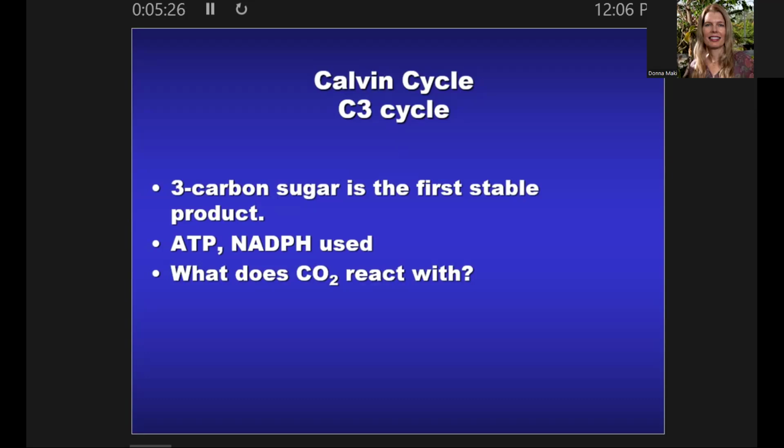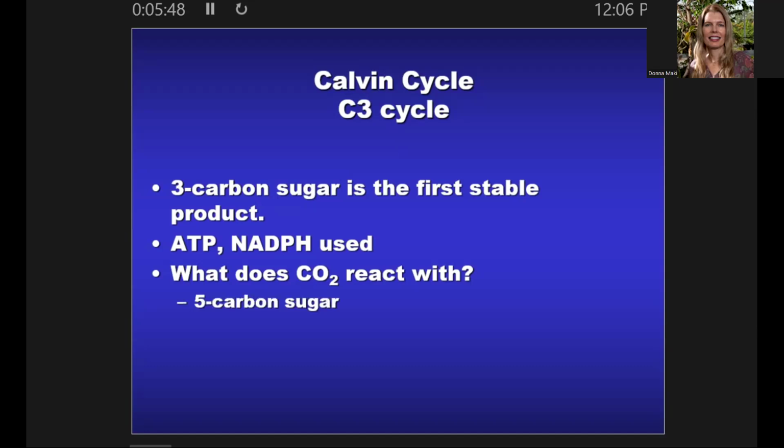They were scratching their heads like, can't find it. Then Dr. Calvin came along and said, well, there's more than one way to get to 3. What if you have CO2 react with a 5 carbon? That brings it to 6, but then if you split it in 2, then you're down to 3.